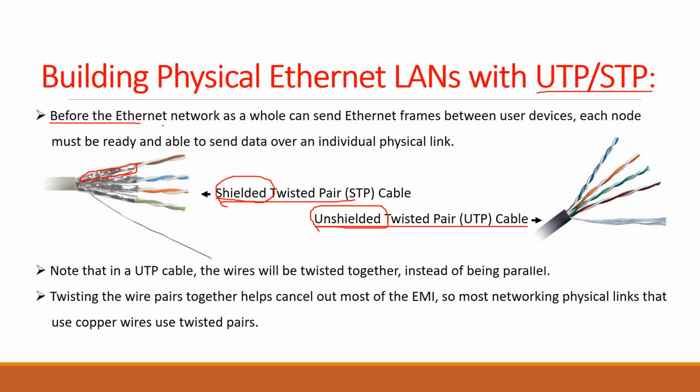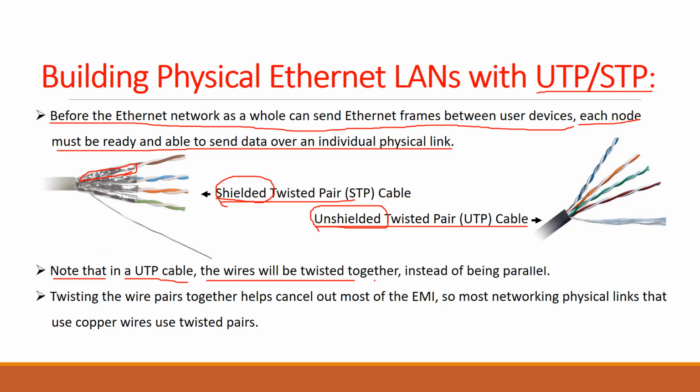Before the Ethernet network as a whole can send Ethernet frames between user devices, each node must be ready and able to send data over an individual physical link. And here is a note: in a UTP cable, the wires will be twisted together instead of being parallel.